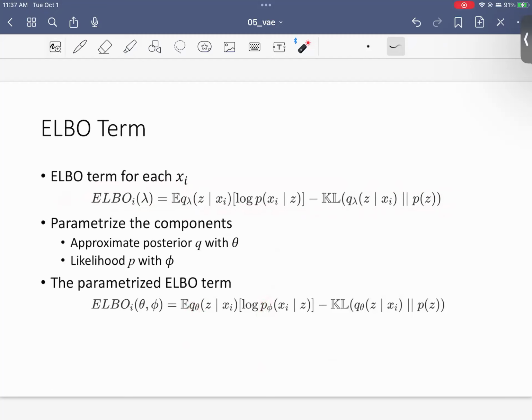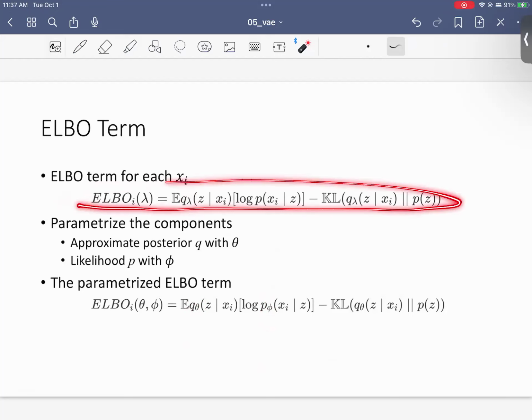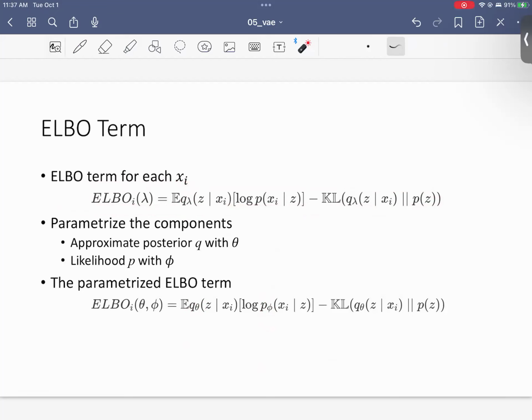So what's happening here is, in the original variational inference framework, Q was the only thing that we could control. Specifically, Q's mu and sigma were the only things we could control so as to maximize the ELBO. But in our autoencoder, there are two parameter sets, theta and phi.